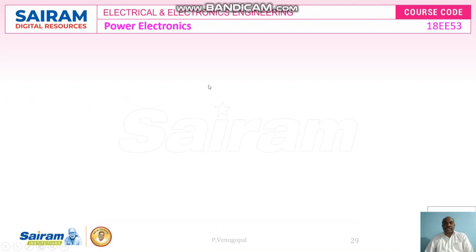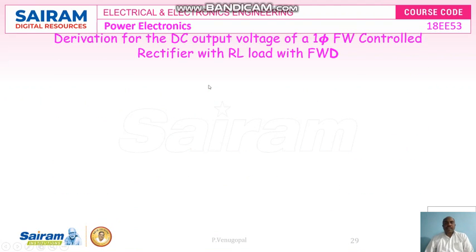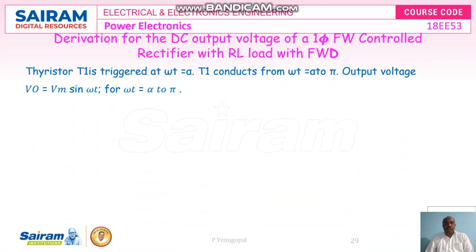So let us see the derivation of the RMS value of the output voltage for the single phase full rectifier with RL load with freewheeling diode. Before that, we should remind ourselves of what we discussed in the previous class, that is, the average output voltage of a single phase fully controlled rectifier with RL load with the freewheeling diode.